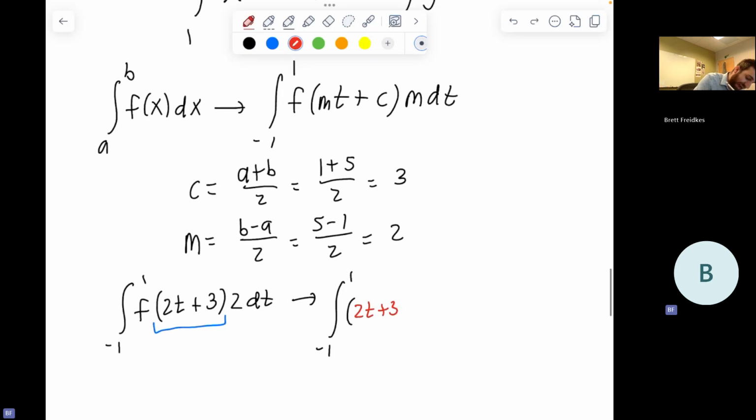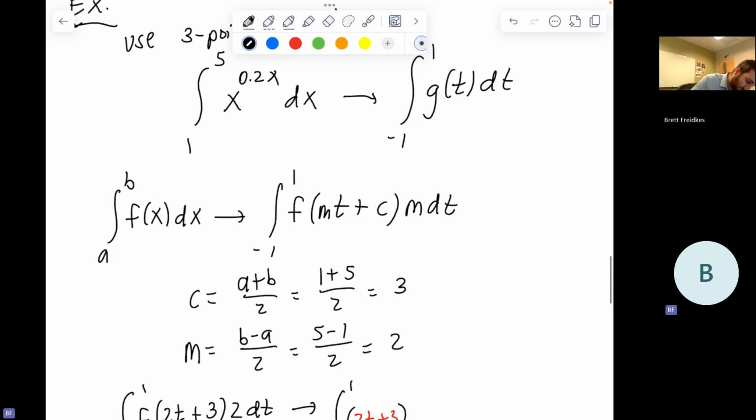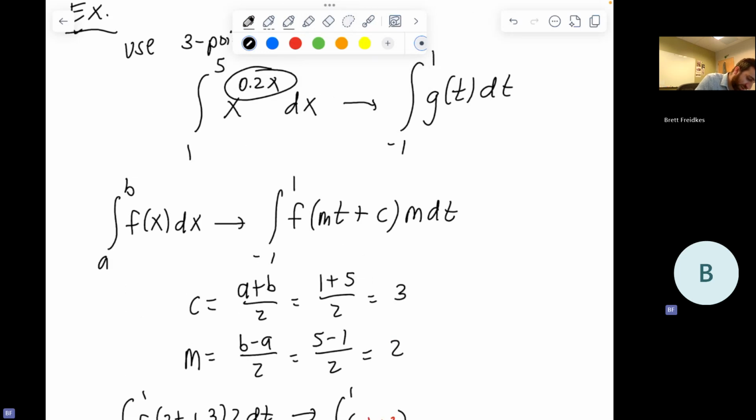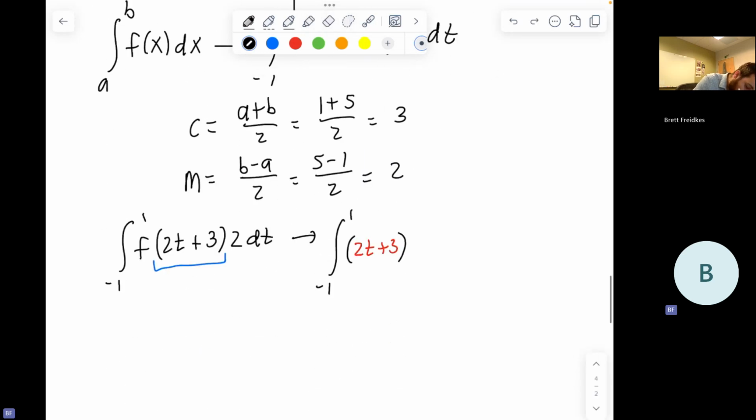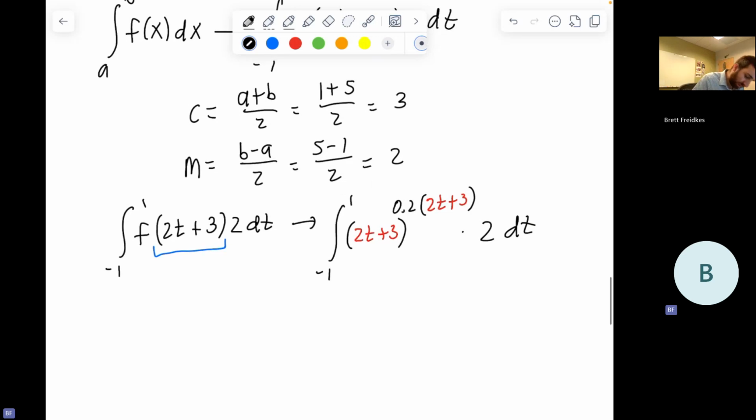That is our x. And now we have 0.2 times x in the exponent, times 2 dt. And now this whole thing here is my g of t that we will use in our table.